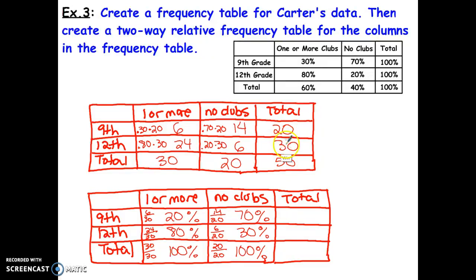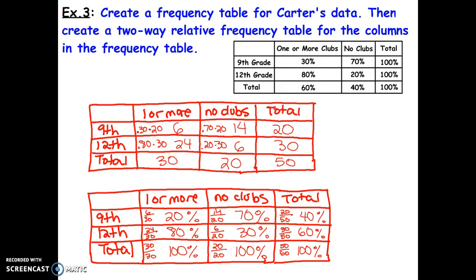And then lastly, we have our totals. So 20 divided by 50, 30 divided by 50, and 50 divided by 50, which is 100%. So 20 divided by 50 is 40%. And then 30 divided by 50 is 60%.